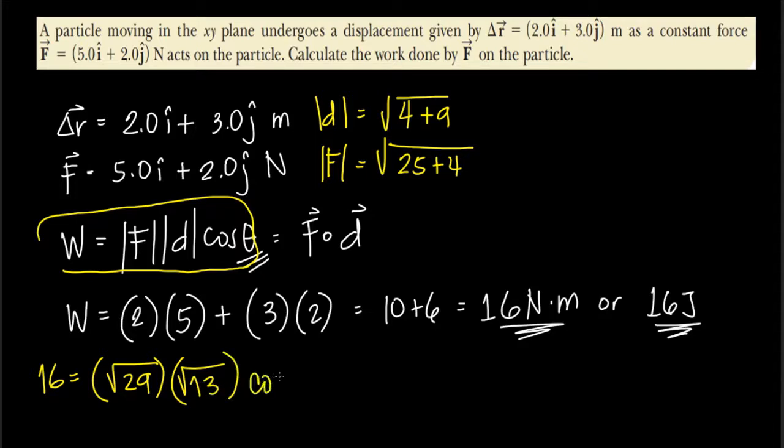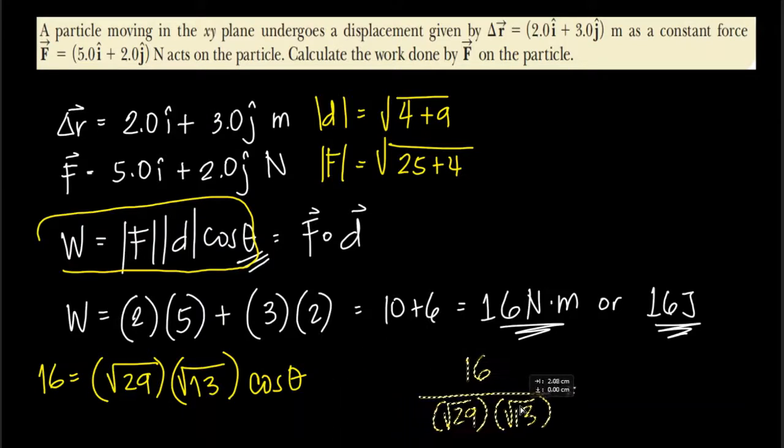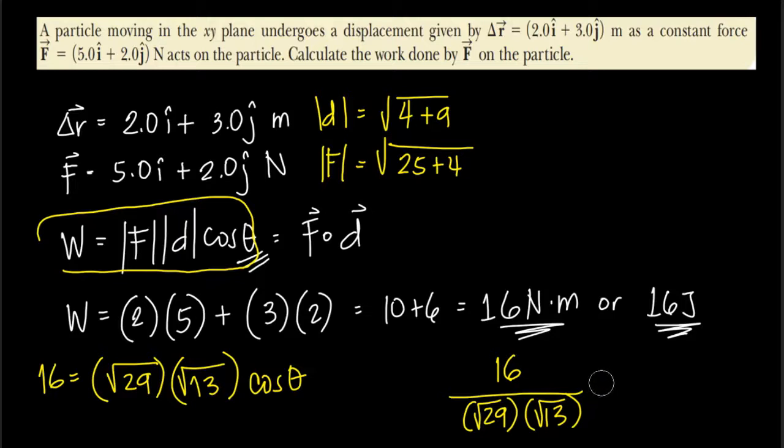Okay. Cosine theta. So, you have to play with this equation so that only theta is left on this side of the equation. So, 16 is divided by square root of 29 and square root of 13. And you're left with cosine theta. Now, cosine, when you transfer it to the other side of your equation, it becomes arc cosine. Okay. So, arc cosine moves here.